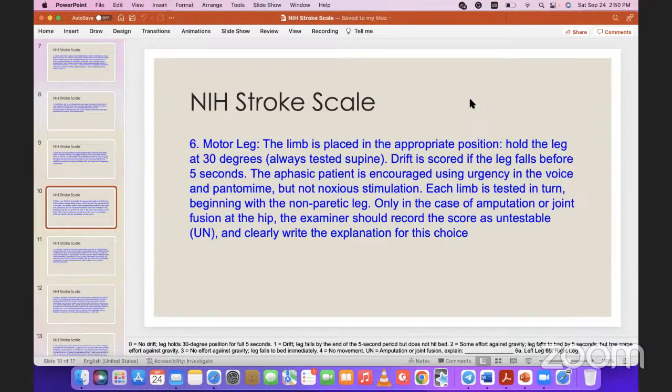The key score here is similar to the motor arm.